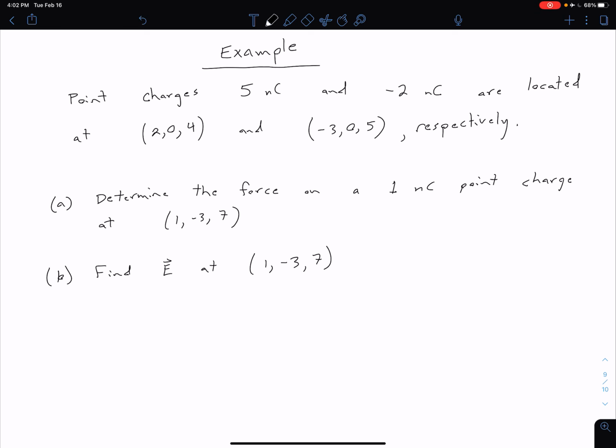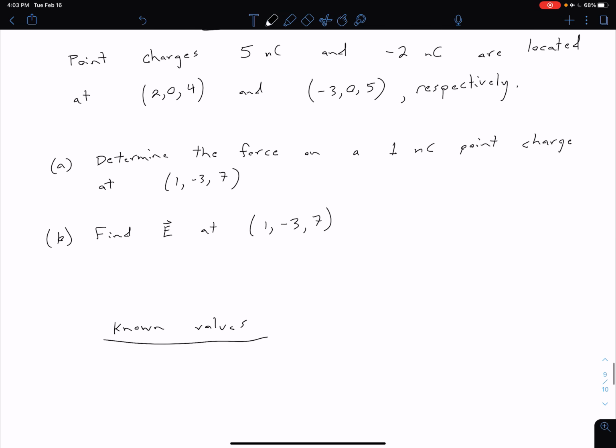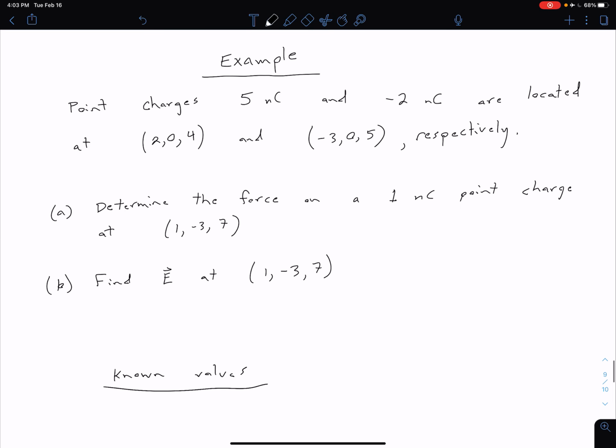So a good first step for this type of problem is to take our given information or our known values and rearrange it to a form that is conducive to plugging into our previous equations. So let's rewrite our known information so it fits better in those equations. First of all, we can label our various point charges.